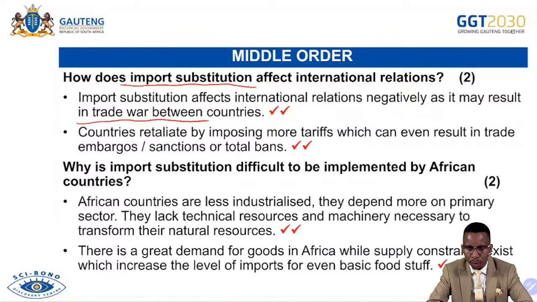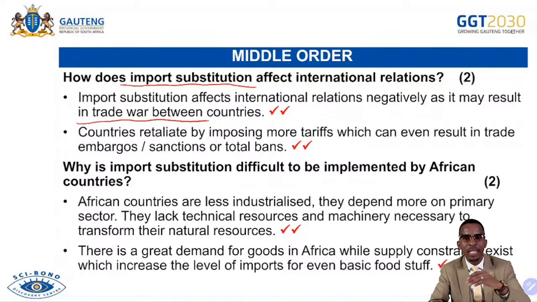There's a great demand for goods in Africa, while supply constraints exist, which increase the level of imports even for basic foodstuff. We know that we have less productivity in Africa. Our firms or businesses are less industrialized. For that reason, they produce and supply relatively fewer goods and services. So for the market to satisfy the needs of consumers, there will be imports flowing into the country to cover those basic needs that are needed by consumers in African countries.